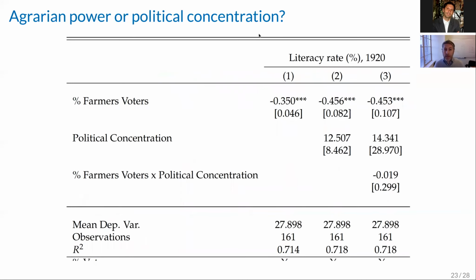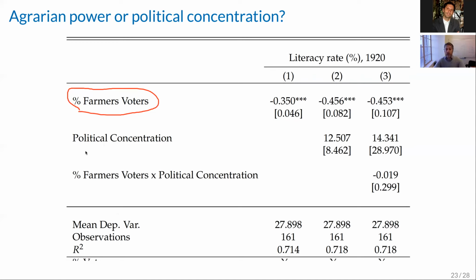Now, one big alternative story has to do with, well, maybe it's not about the identity of the elite that's voting. So maybe this is not about the fact that locally this place is dominated by voters that are farmers and they're representing the agricultural elite interests. Maybe it's all about political concentration, right? Maybe in places that you have a lot of farmers, a lot of the power is concentrated in the hands of those people.